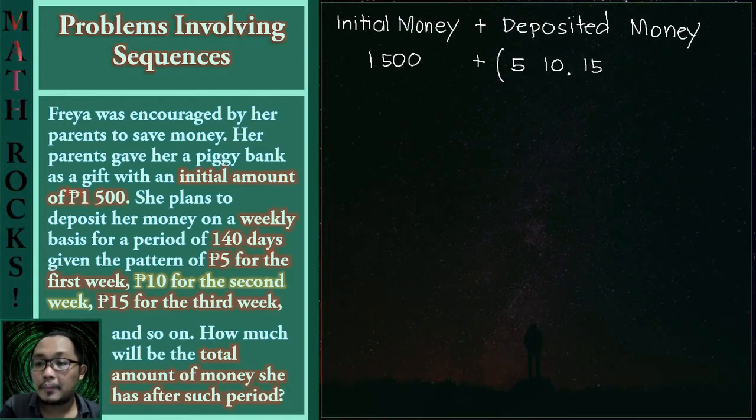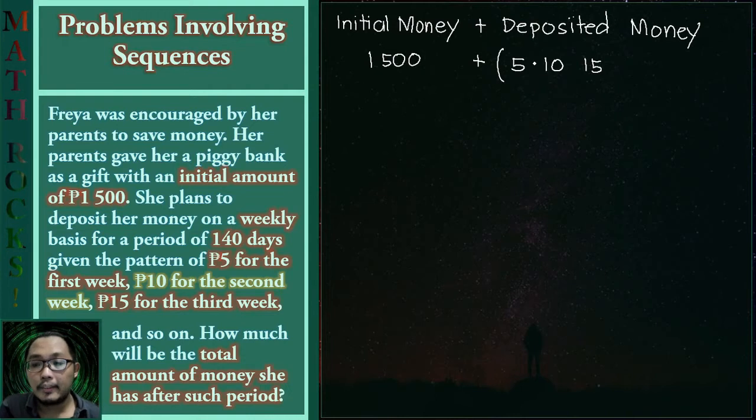You will notice that it comes with a pattern of adding 5 to the previous number so that we get the next number 10. If we do the same here, adding 5 would give us 15. So this pattern continues until the last week.